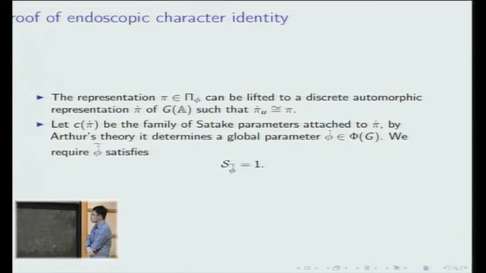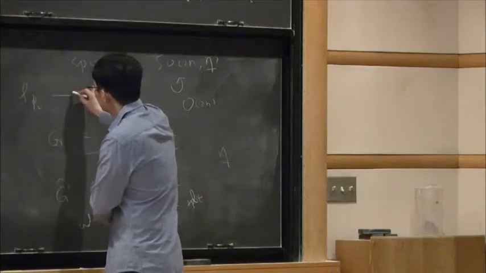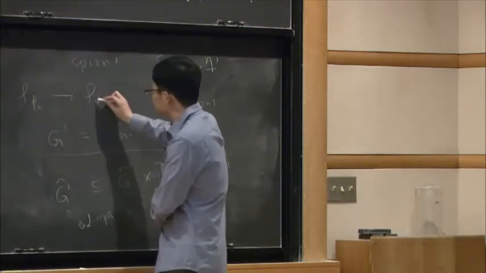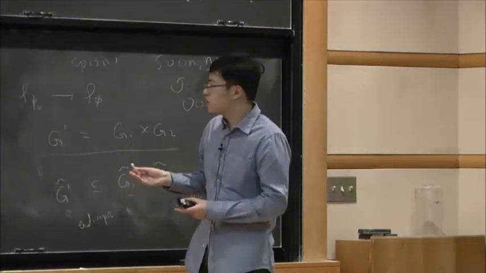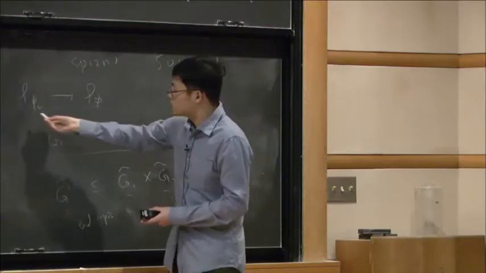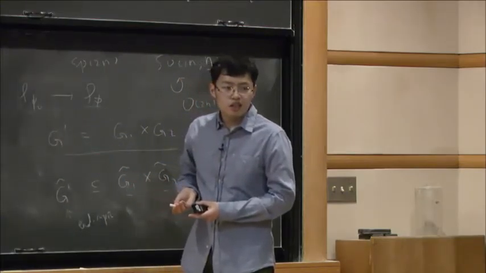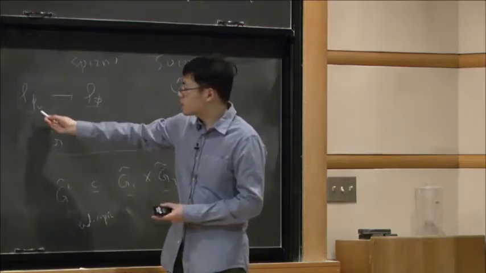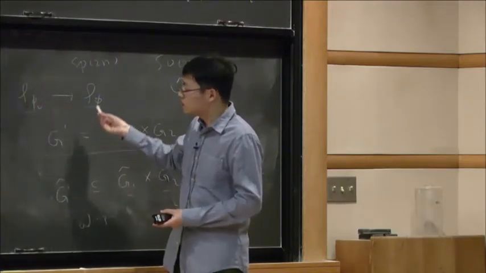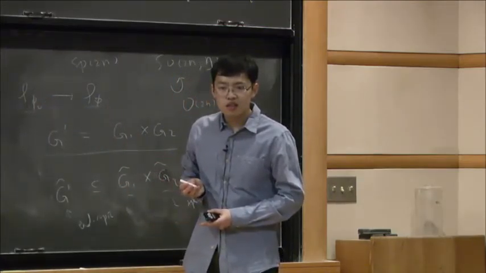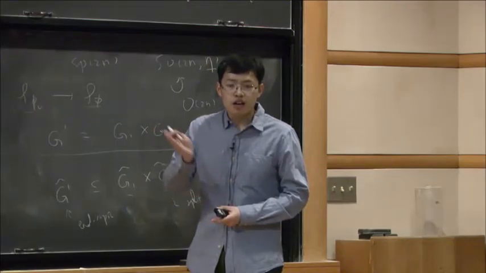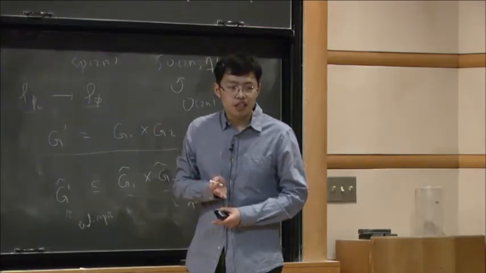Because the homomorphism from this local S_phi to the global one is not an inclusion. So there's really no control of this group by these local groups. So no matter whether it's large or small, you mod out the connected component.